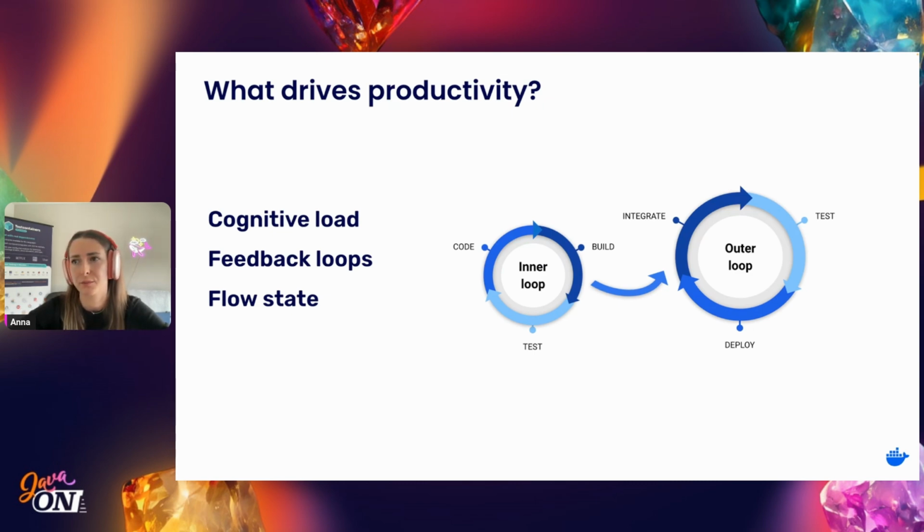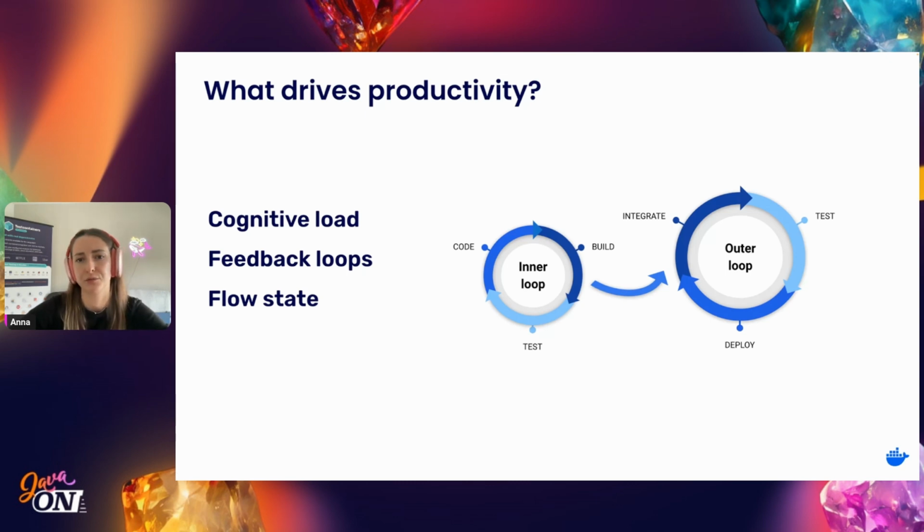Another bullet is feedback loops. You want to iterate fast, and you want to get the joy from the development because it's cool, it's fun, it's really great to be a developer. But when you want to get the feedback on your code, on the feature that you implement, you want to get it fast.